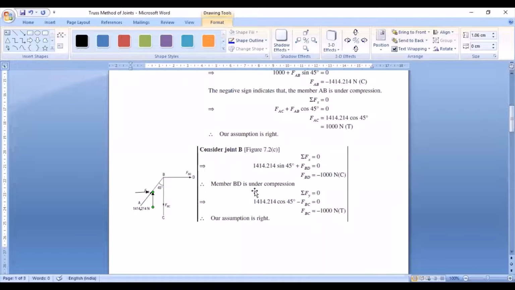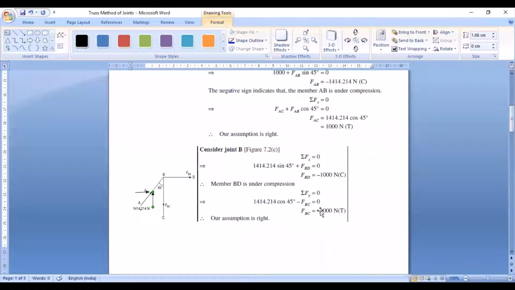There is a small printing mistake here. When you substitute, it will go to the other side and become positive. Therefore your FBC will be 1000 Newton, away from the joint B.